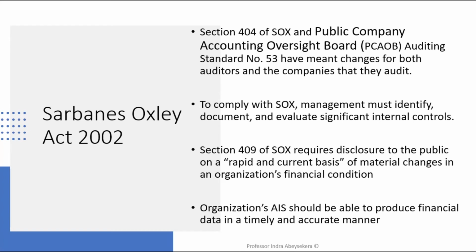The second is that to comply with the Sarbanes-Oxley Act, management must identify, document, and evaluate significant internal controls. The third is that Section 409 of the Act requires disclosure to the public on a rapid and current basis of material changes in organizations' financial condition. And the fourth is that organizations' accounting information systems should be able to produce financial data in a timely and accurate manner.